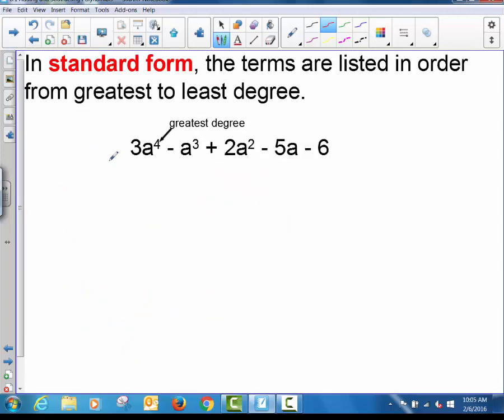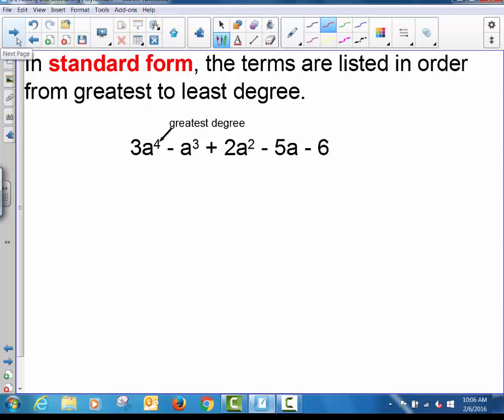Alright, in standard form, the terms are listed in order from greatest to least degree. Okay? Standard form is the way that you write polynomials. And what you have to do is you put them in order of their degree from greatest to least. So this one is a 4, a 3, a 2, a 1, and a 0. Okay? The greatest degree goes first, and then it goes down to the least degree.